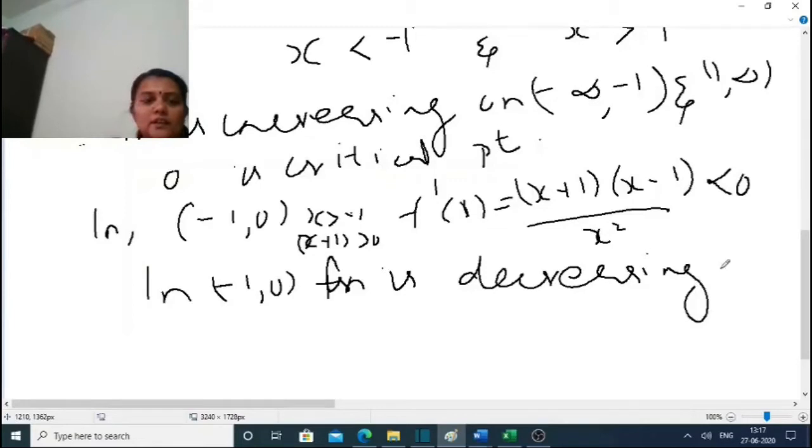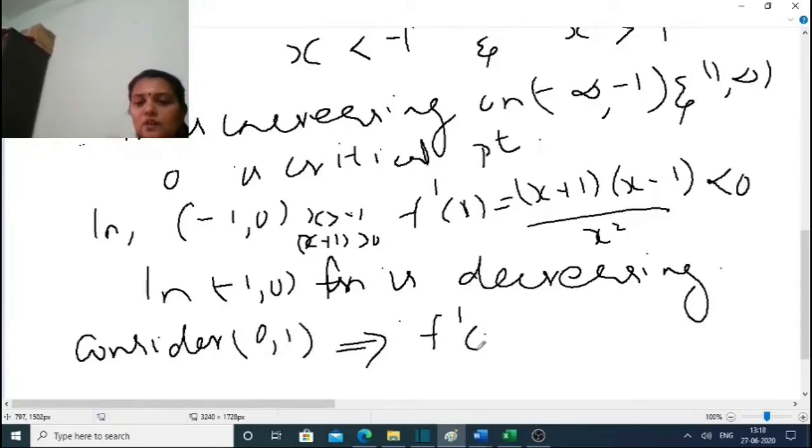Now consider the interval (0, 1). There f dash x equals (x plus 1)(x minus 1) by x square. So in (0, 1), x is greater than 0 and x is less than 1.